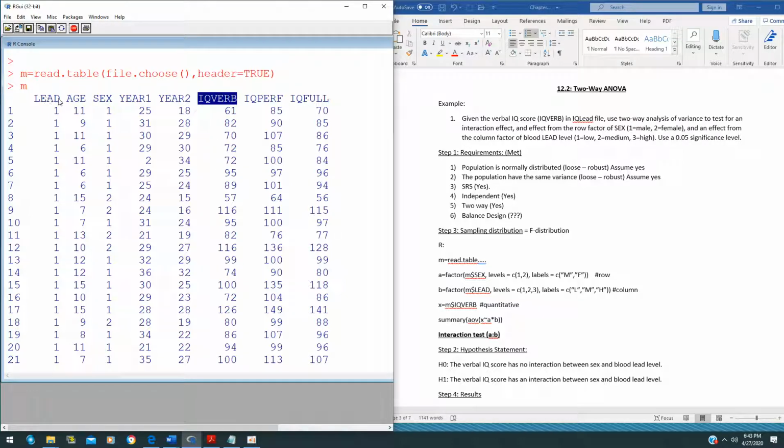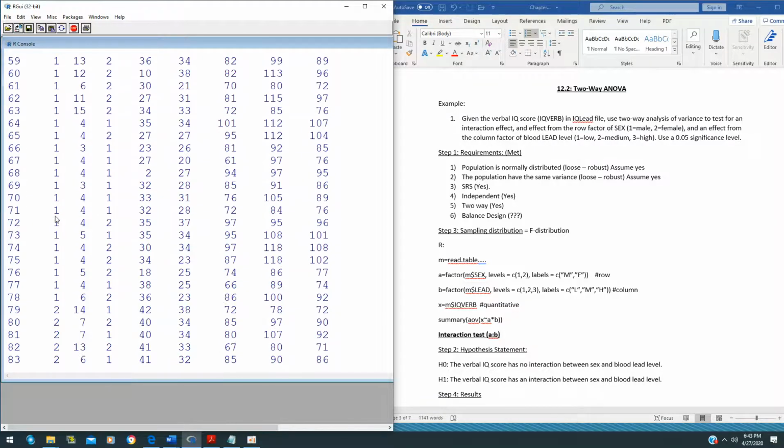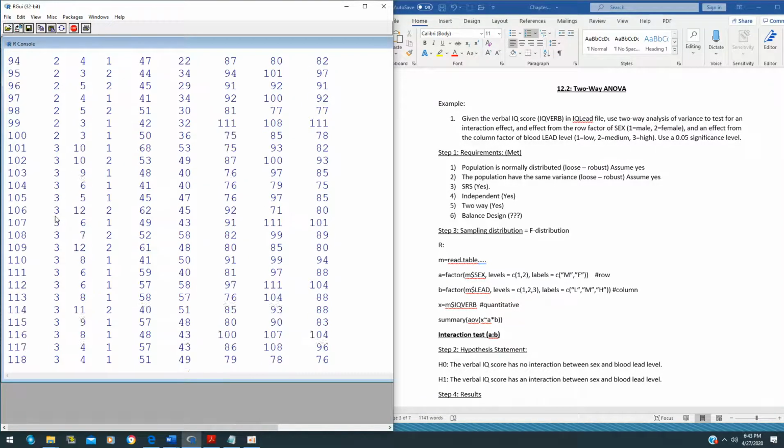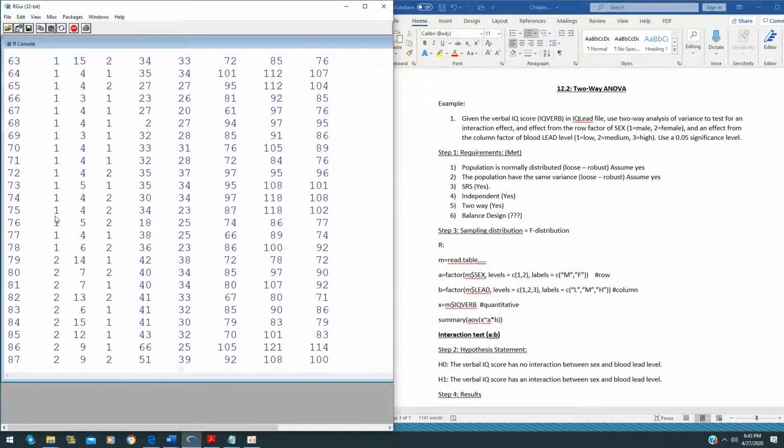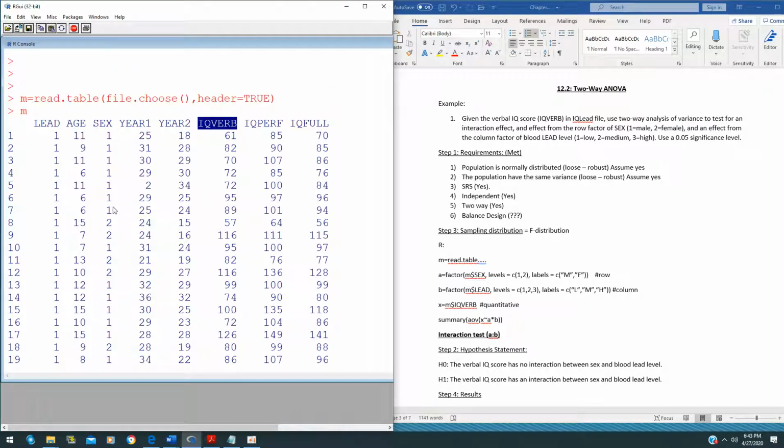For the lead level, 1 stands for low, 2 stands for medium, and 3 stands for high. If you look at your sex, 1 stands for male and 2 stands for female. So this file does not label your lead and your sex with the categories we want.